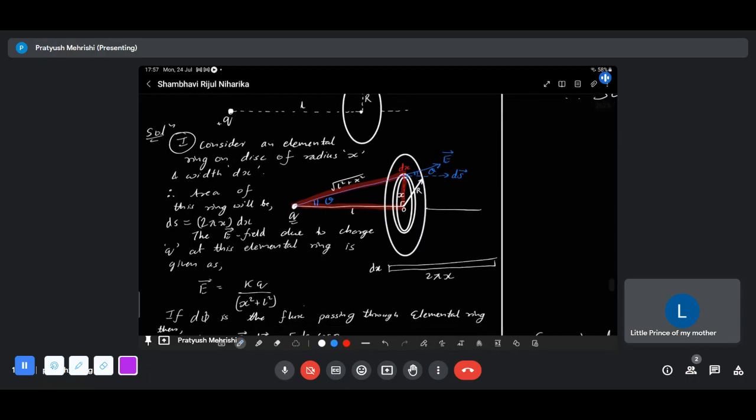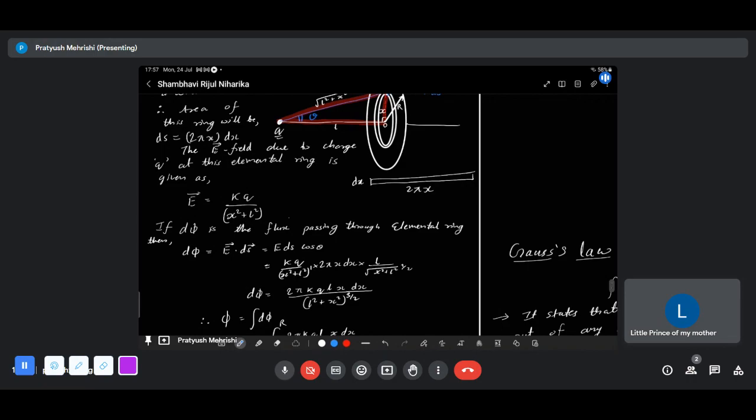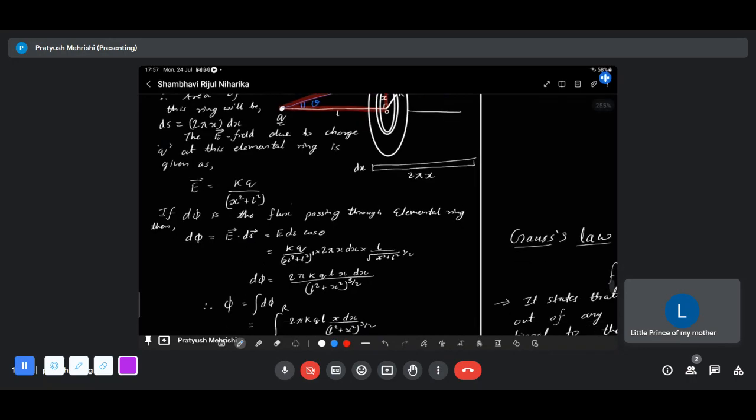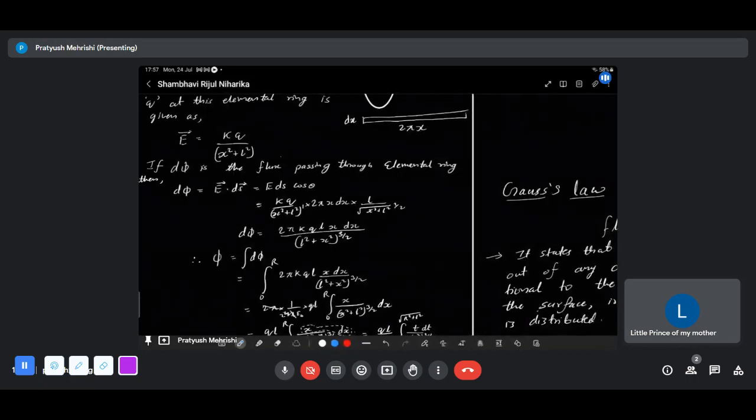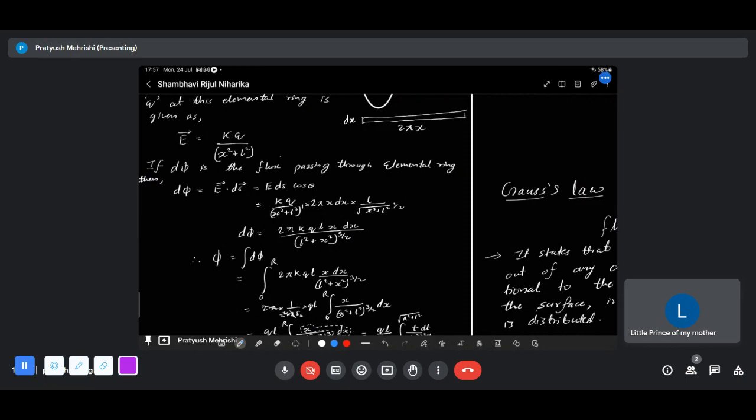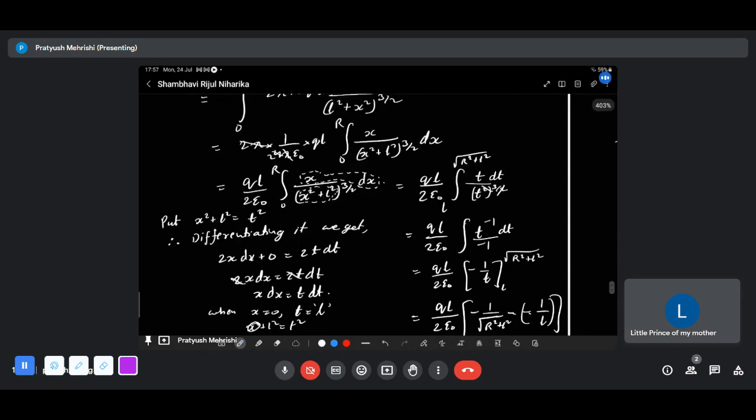d phi is also due to the same flux. Therefore, d phi is what? E dot ds or E ds cos theta. Everything we shall put in brackets and integrate with this formula. What do we need to integrate here? We only need to integrate x. To integrate x, we have two methods: the substitution method and another method.